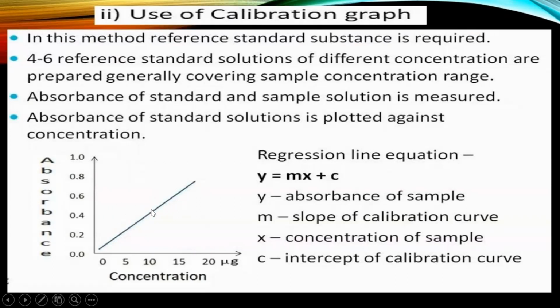Suppose the absorbance of the unknown sample is 0.6. The corresponding value on the graph is the concentration of the unknown sample. From the graph, the concentration of the unknown sample can be calculated by using the regression line equation, y is equal to mx plus c.